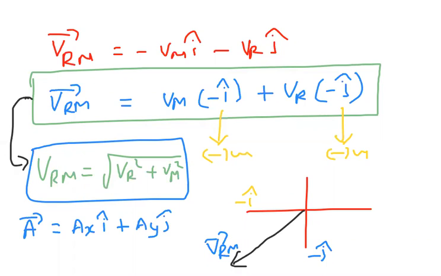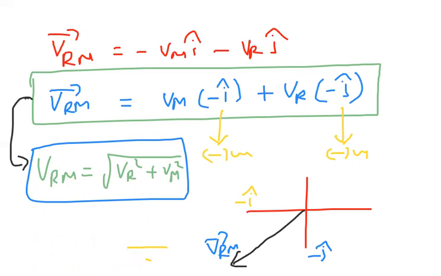Then the magnitude is simply A equals square root of ax square plus ay square. In the same way here, Vm minus i cap, Vr minus j cap. Don't worry, minus indicates only direction. So we can write Vrm is equal to square root of Vr square plus Vm square.